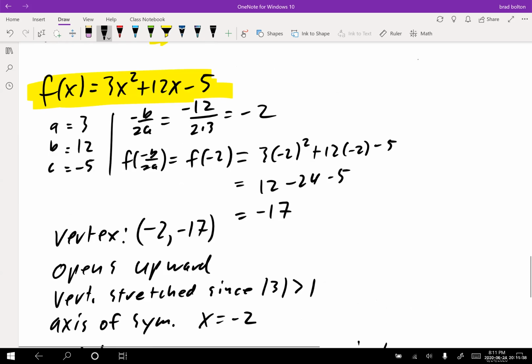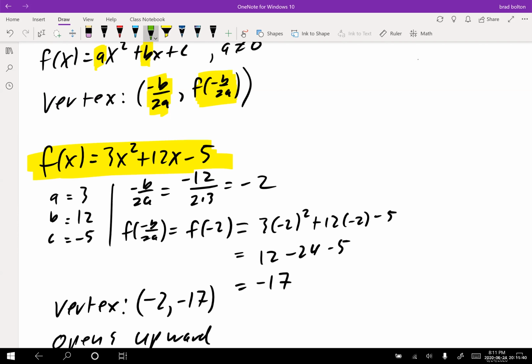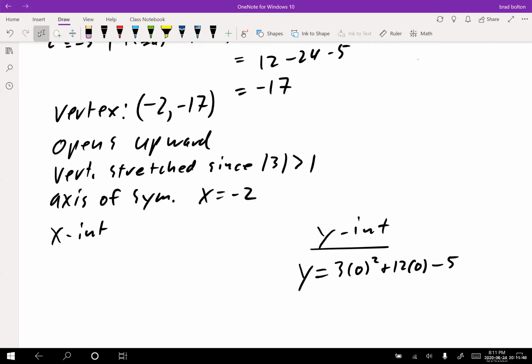And you'll see in the long run, the y-intercept will always end up being the c, the number that's off by itself, because this guy will cancel and that guy will cancel, okay? So my y-intercept is y equals negative 5. So then I have the point 0, negative 5. This is where it crosses the y-axis.